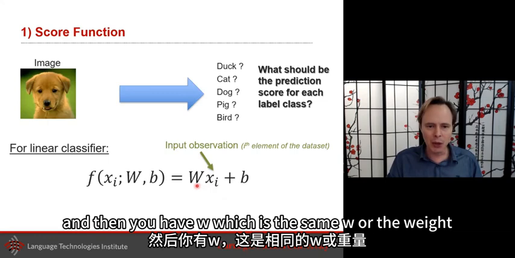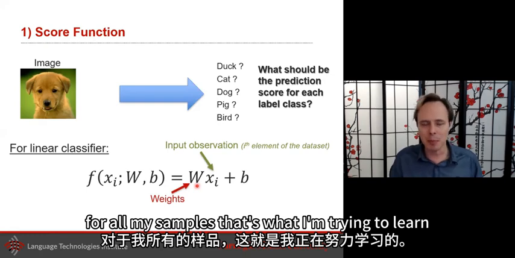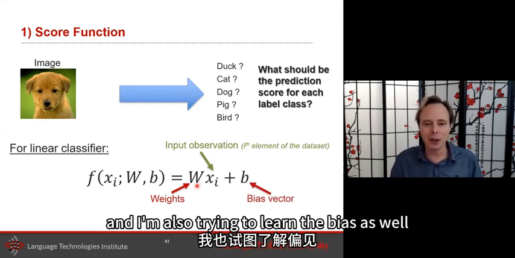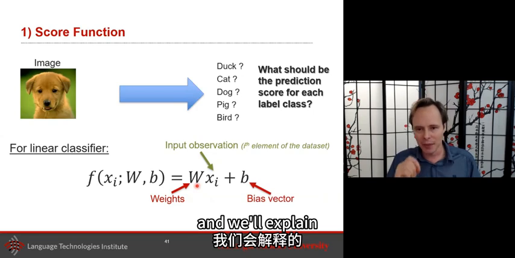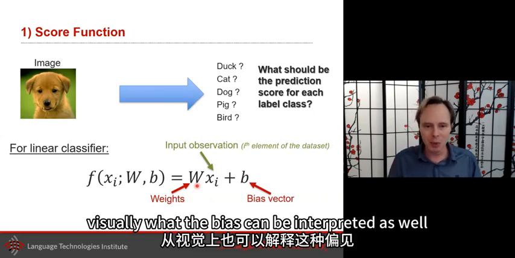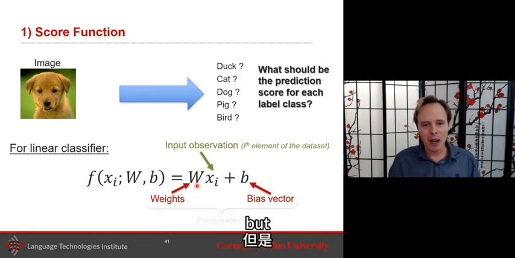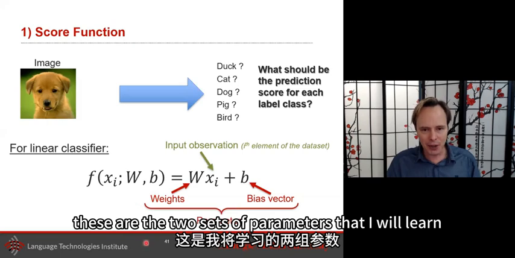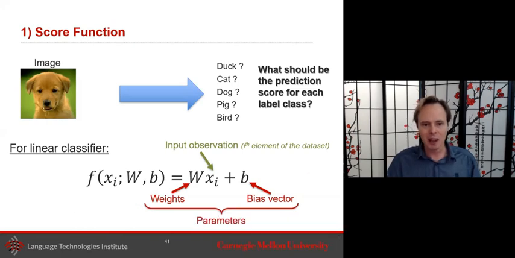And then you have W, which is the same W, or the weight, for all my samples. That's what I'm trying to learn. And I'm also trying to learn the bias as well. We will explain visually what the bias can be interpreted as. But these are the two sets of parameters that I will learn.